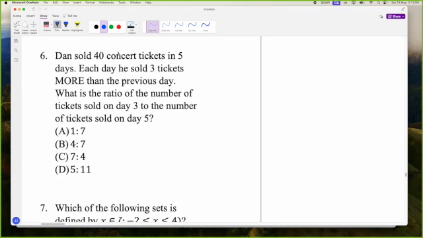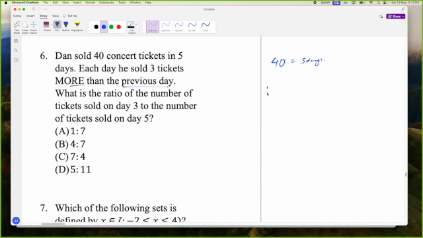So Dan sold 40 concert tickets in 5 days. All right. Each day he sold 3 tickets more than the previous day. Interesting.